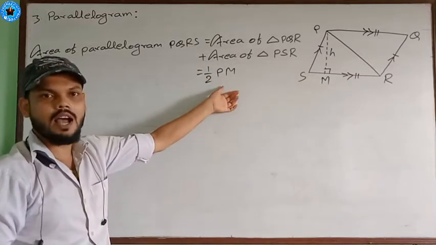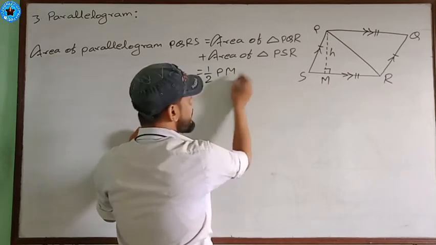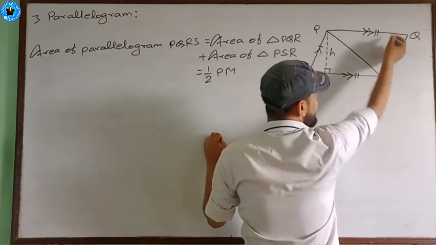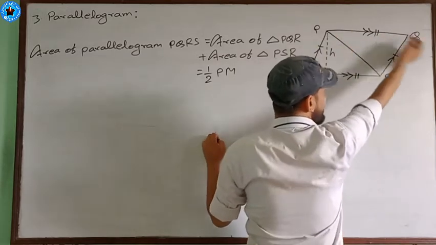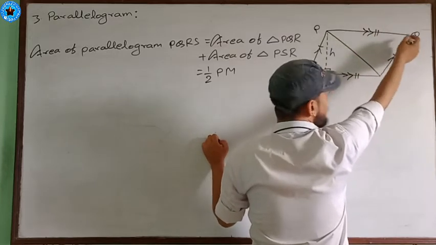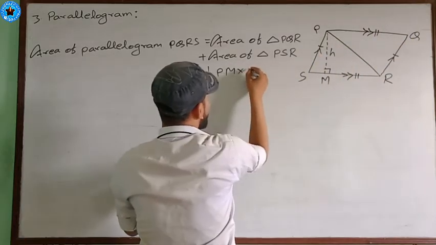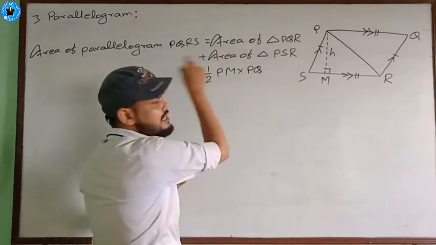PM is the height, and half is there, and what is the base? The perpendicular line is formed to this line, so PM into PQ. This is the base and this is the height.